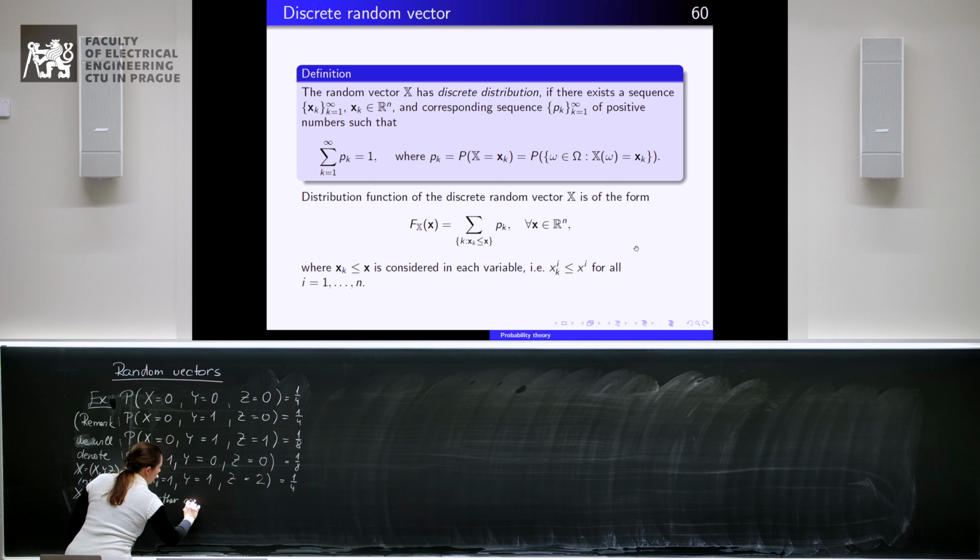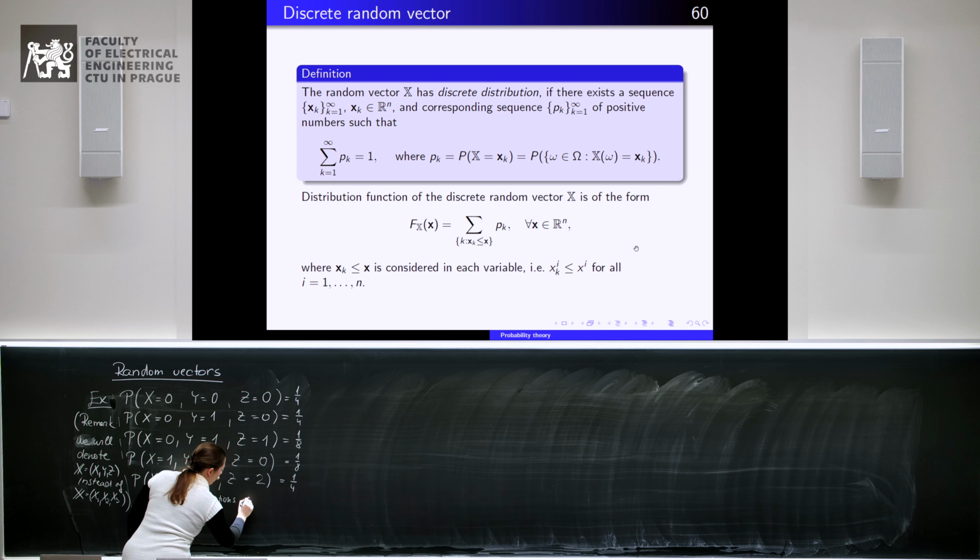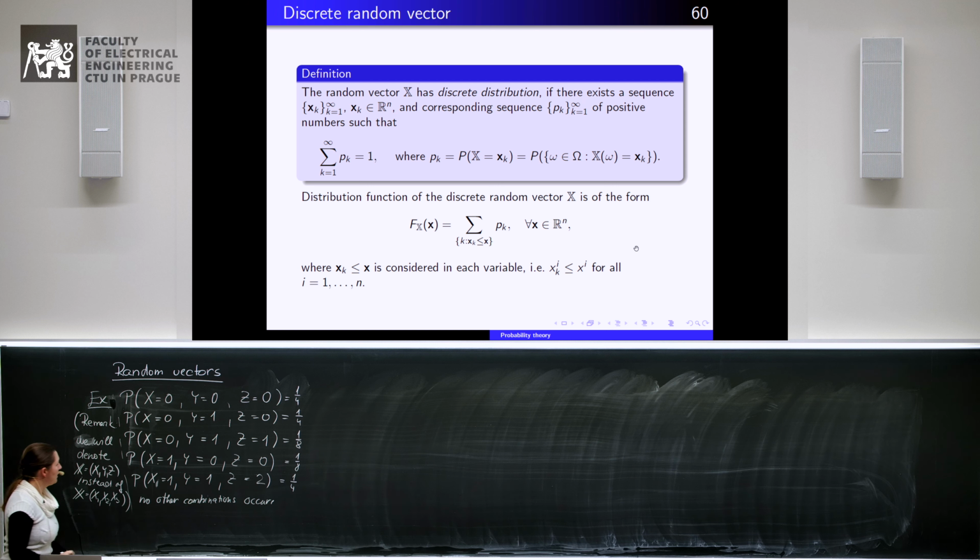No other combinations occur. So we have only these 5 combinations in the random vector.